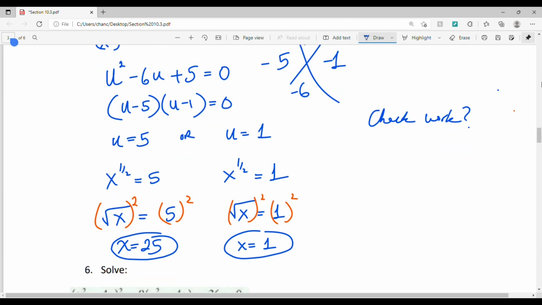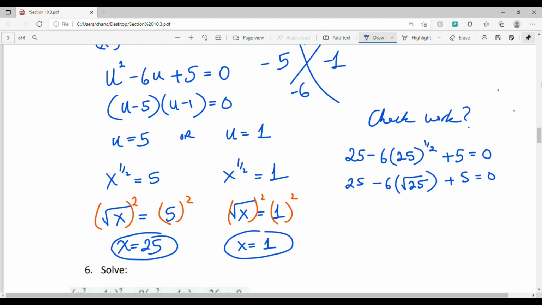So we have 25 minus 6 times 25 raised to the 1/2 plus 5 equals 0. This is 25 minus 6, and 25 to the 1/2, that's the same thing as the square root of 25 plus 5 equals 0.